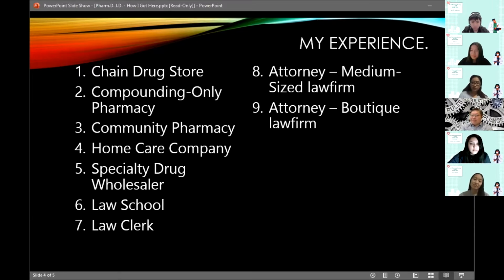I don't think that's, quite frankly, the way most pharmacists should go. The reason I say this is that once you get out of law school, the thing that's going to set you apart and make you special and desired by potential clients, who are going to be pharmacists, pharmacy owners, drug wholesalers, and the like, is that they're going to look to you as the expert in not only the laws that affect drug distribution and pharmacy, but also to your personal experience to be able to relate to their situation, in their shoes.